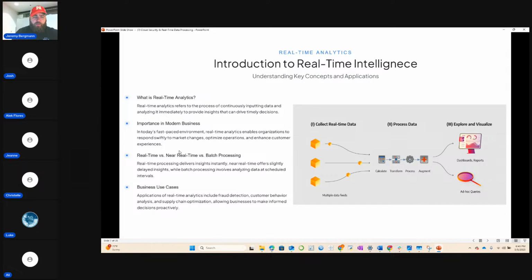Near real-time may not necessarily require this intense processing, but we're still evaluating it in some way, close to real time. Maybe it's within seconds of something happening. And oftentimes that's okay. It's really a matter of, does this need to be actioned immediately, or is a few seconds okay? There are sometimes different tools that you can use for those.